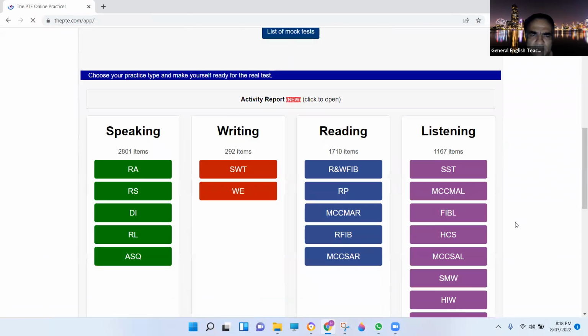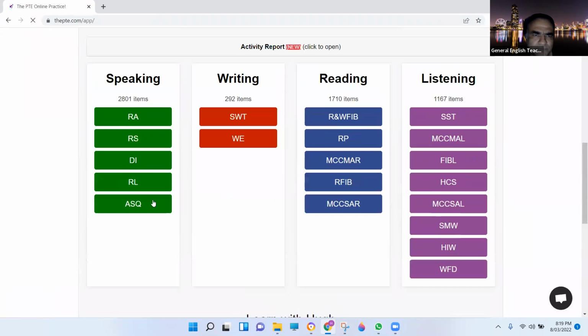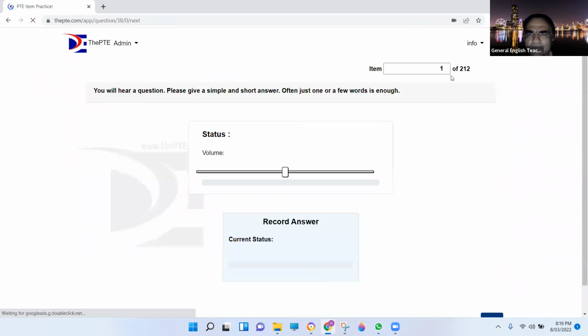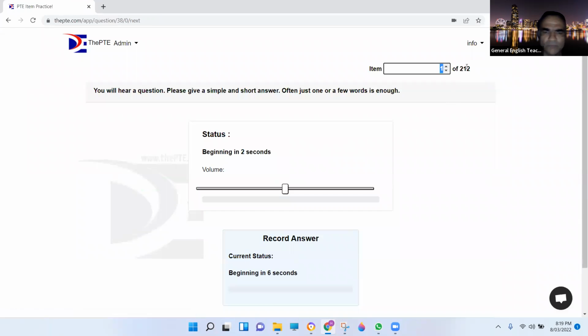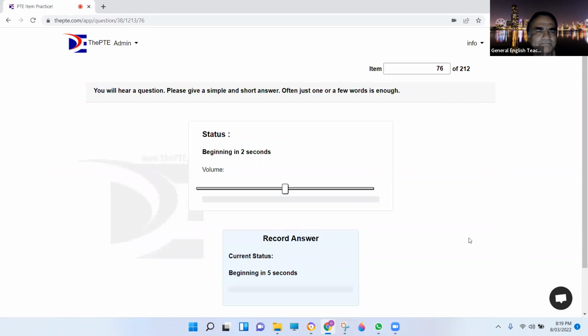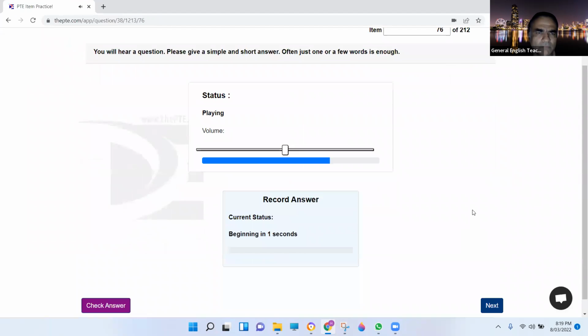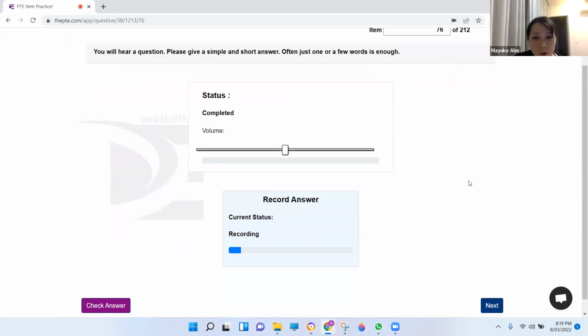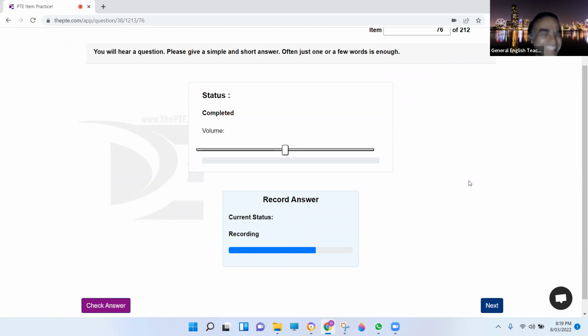So now we move on to answer short questions. Okay, the first one, Mayuko. Where do you usually find a crossword? On the road. Very good. It's a crossword. A crossword. Not crossroad.